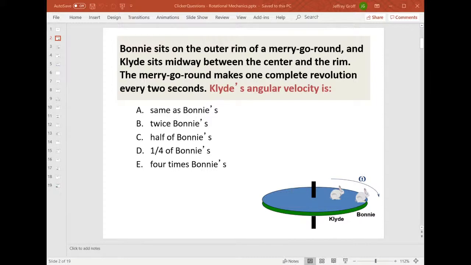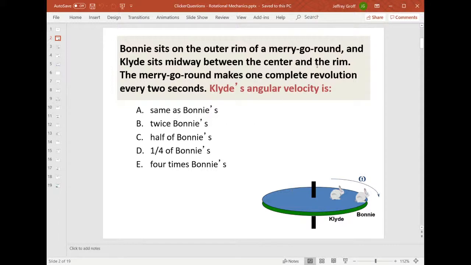The angular velocity of a point on this wheel, now if you're here where Clyde is, or you're here where Bonnie is, it doesn't matter. You're on the same wheel. So Clyde's going to make 1 revolution every 2 seconds, and Bonnie's going to make 1 revolution every 2 seconds. And if you were Bob, the bunny, and sitting right here, you'd make 1 revolution every 2 seconds.